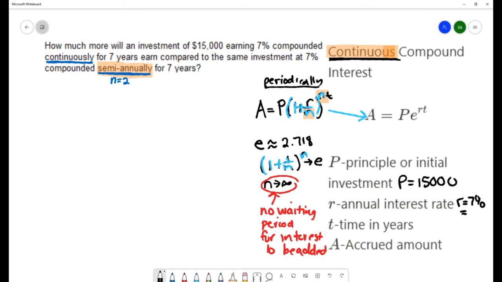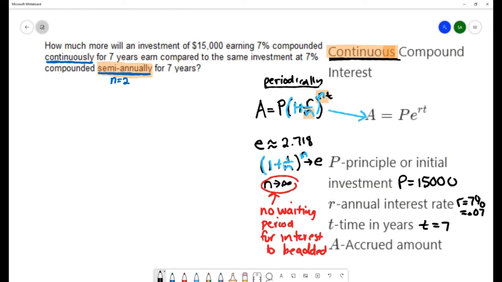We'll use that in decimal form, 0.07. In both accounts, we are going to let that money grow for 7 years. Our time is 7. And we're hoping to figure out which investment will yield more money. How much more will one investment yield over the other?